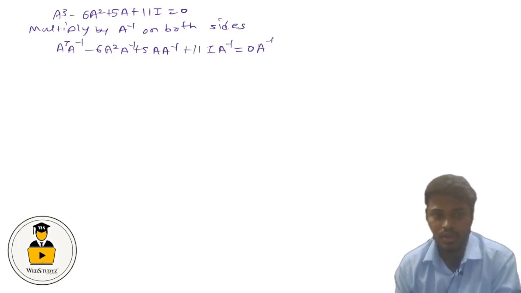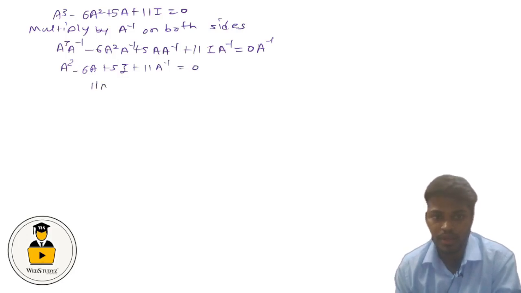So A cube into A inverse will give us A square, then minus 6 into A square into A inverse will be A, then 5A into A inverse is identity matrix, then 11 into I into inverse of A is inverse of A equals 0.